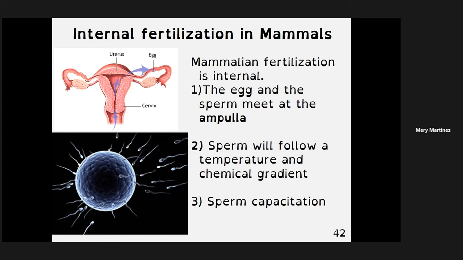So at the beginning, when it is released, it is very sluggish. It doesn't move too much. It just moves the tail a little bit. But as time passes, within those 30 minutes, you're going to see the tails start moving and moving until it starts swimming really well.